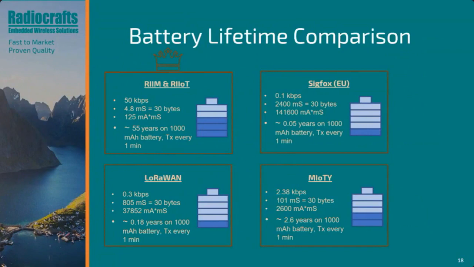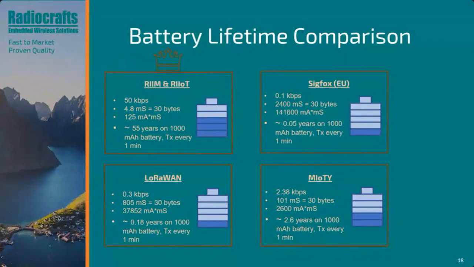Okay, so speaking about battery lifetime comparison, it's not easy to compare different technologies in terms of battery consumption, since each one has its own data rate, its own packet size, its own sleep time and sleep current. So we try to unify some rules.